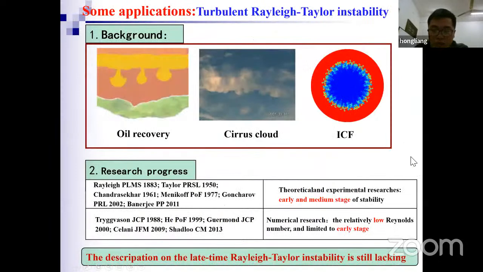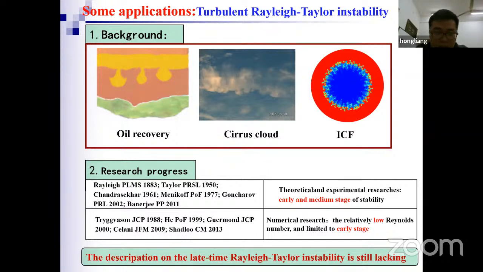Now we introduce some applications of the developed Boltzmann models. The first application is the turbulent Rayleigh-Taylor instability. As we all know, Rayleigh-Taylor instability can be widely found in many applications such as oil recovery, daily life, cloud formation, and ICF. There has been much research on these topics, which can be dated back to the 19th century.